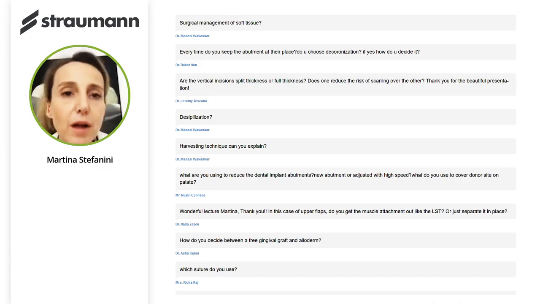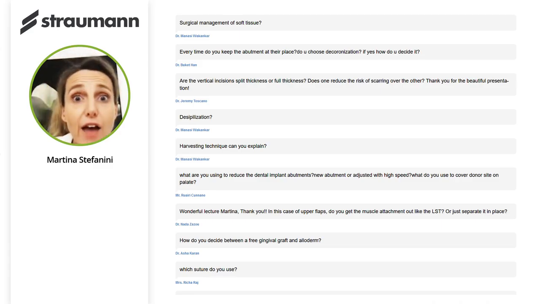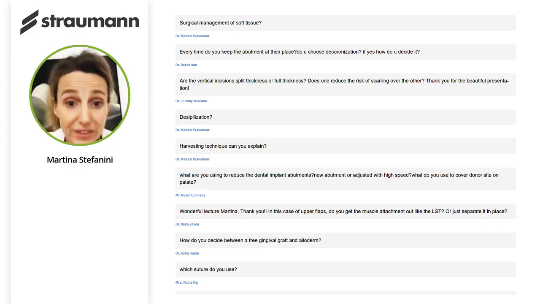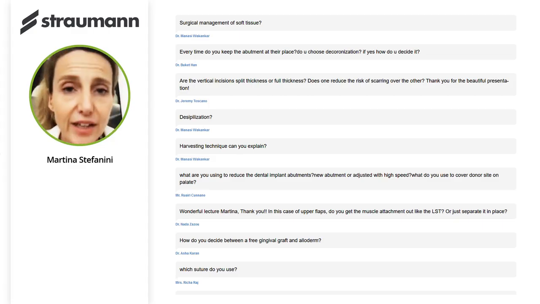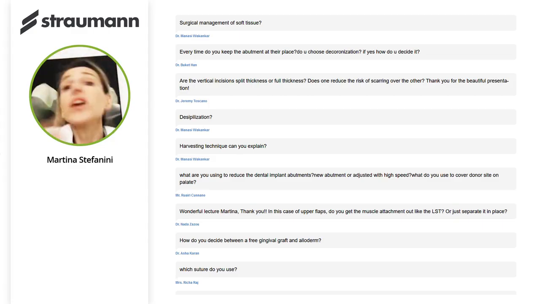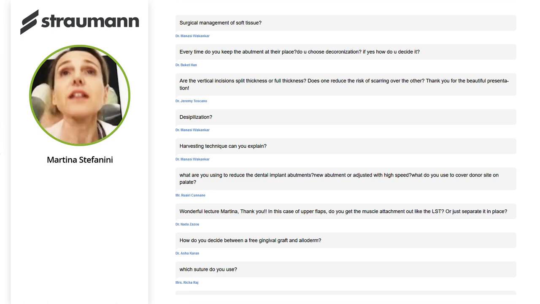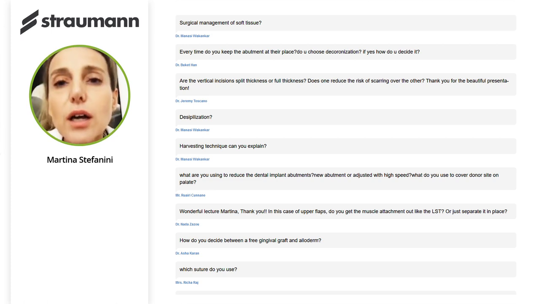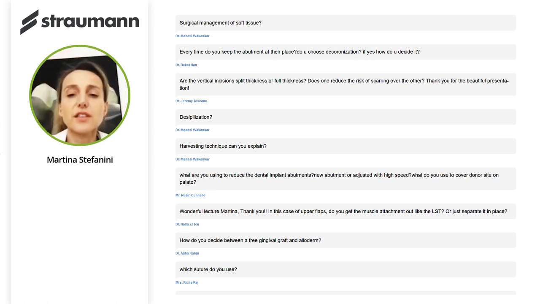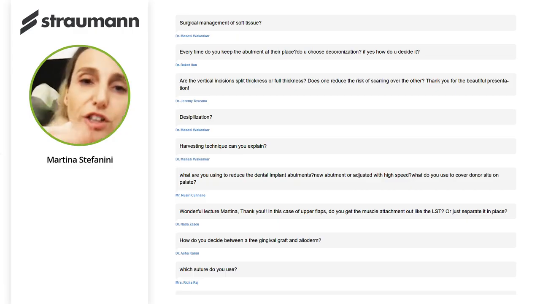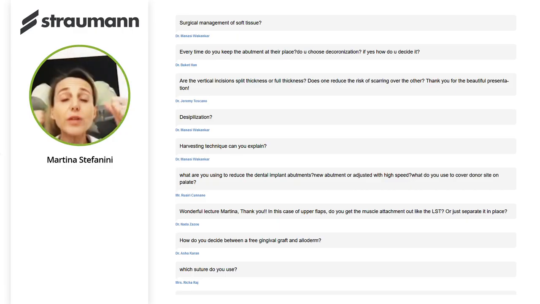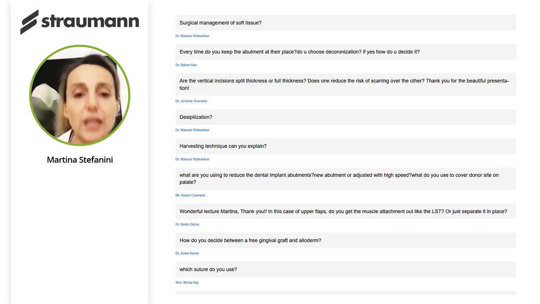And with time, after the coronal advancement of the flap, I will have a repositioning of the displaced mucogingival line, and I will have, with time, an increase in keratinized tissue. How much? How much keratinized tissue was genetically predetermined for this patient in relation to the height of the mucogingival line on the adjacent teeth.